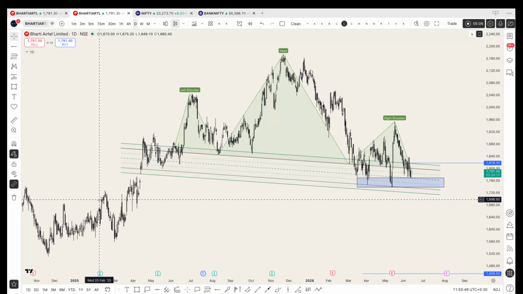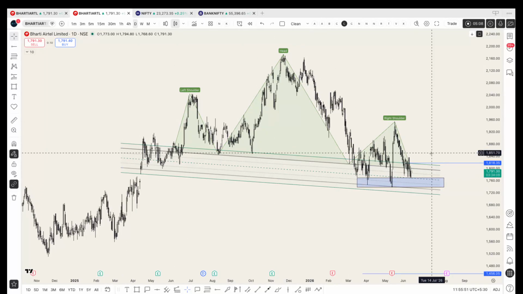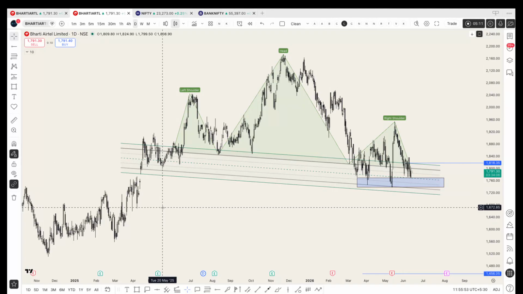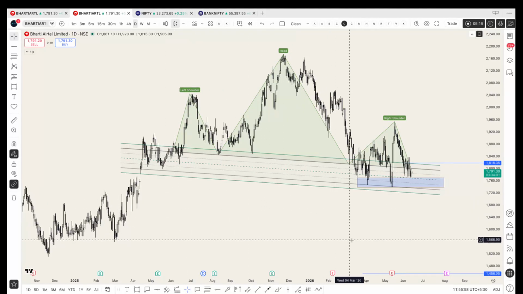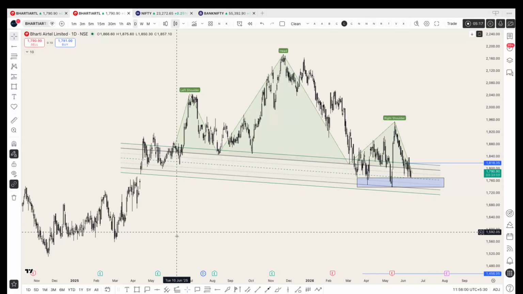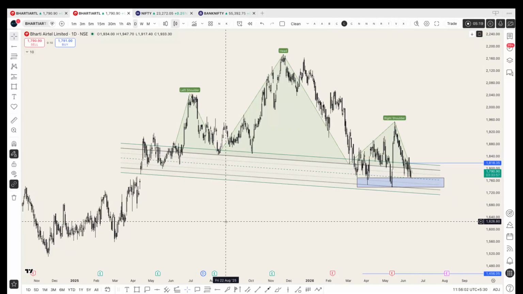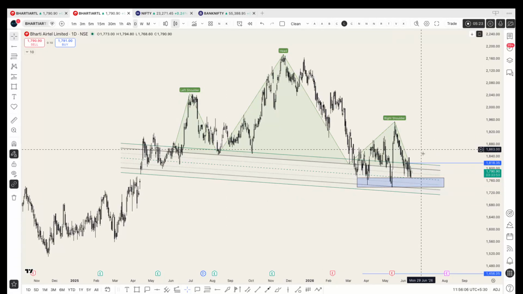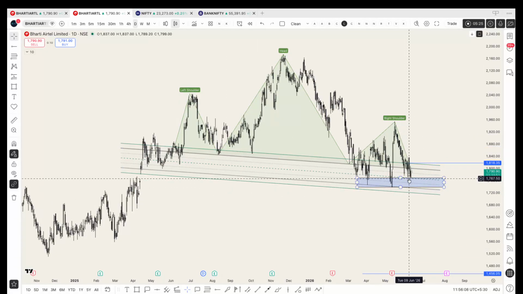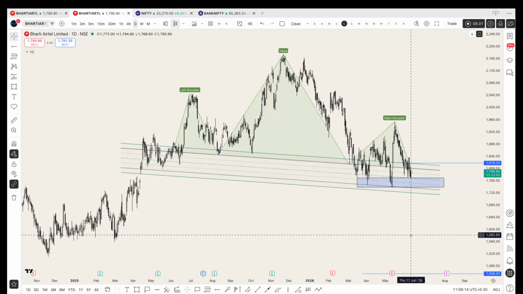That has to be perfect even if the structure is not perfect, and that structure of volume is that volume should always be diminishing during the formation. Here there will be a lot of volume, then it will diminish in the later head and right shoulder, and it should increase on the breakout. That has to be observed very clearly.